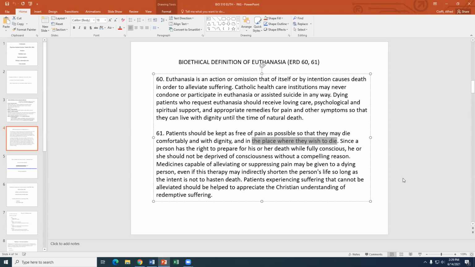Because I was reading a while back that about 60% of people in the United States do not die at home any longer. They die in an institution. I don't know if I mentioned that here, because I'm having another course in end of life also. Sometimes I get the two lectures confused, but I had not mentioned that statistic. Okay, it's like 63, 64% of people in the United States are no longer dying at home.